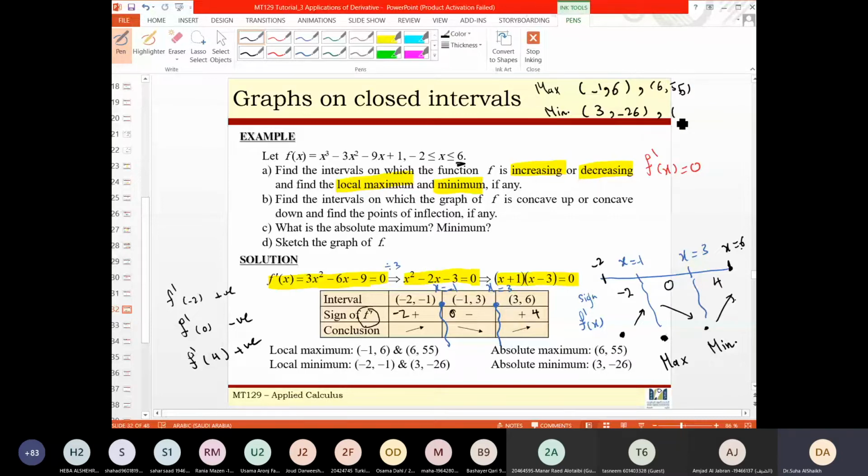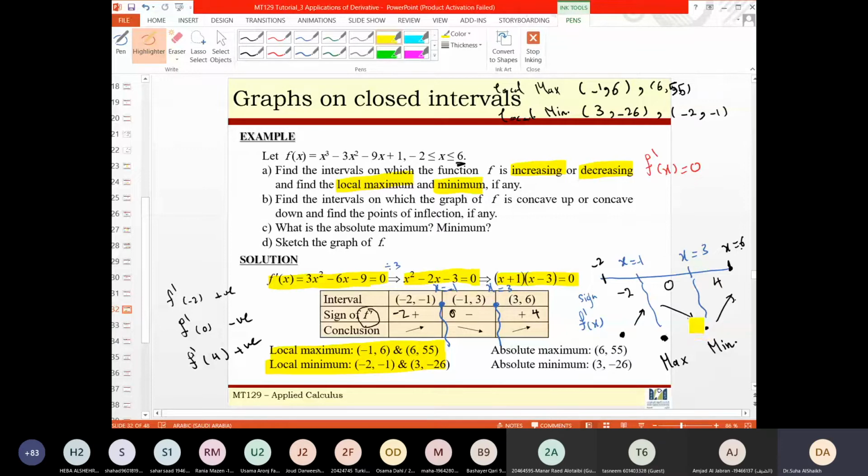As a minimum I have the minus 2 and the minus 1. So the local max and local minimum points are those points here that you can see. And those are the absolute ones that we got in part C of the question.